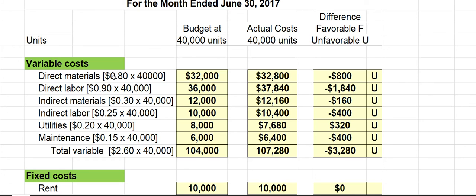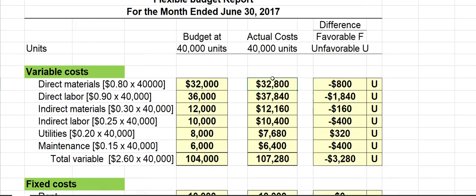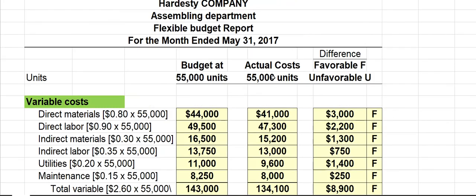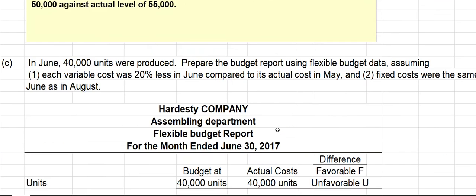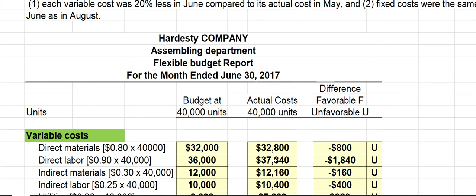We're taking our unit cost of 80 cents for direct materials, multiplying it by 40,000 units. So the budgeted number is 32,000. Our actual cost for direct materials is 32,800, which is taking the actual cost in May of 41,000, multiplying it by 0.80 and getting 32,800.